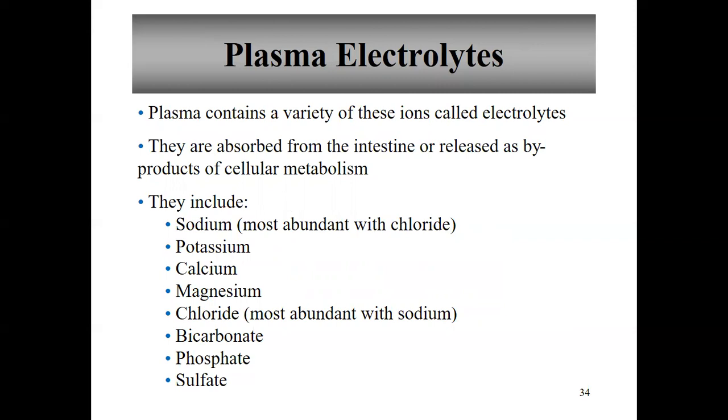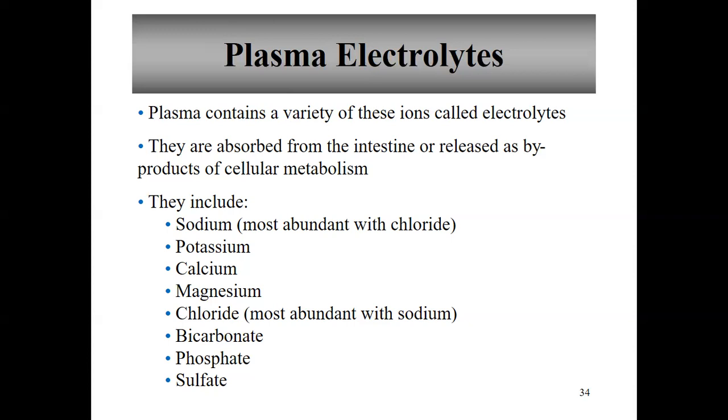These electrolytes are absorbed from the intestines, meaning whatever you eat contains electrolytes, and those can be absorbed from the digestive system into the body, or they may be released as a byproduct of cellular metabolism. So when the cells metabolize, they may release electrolytes as a part of their byproduct.